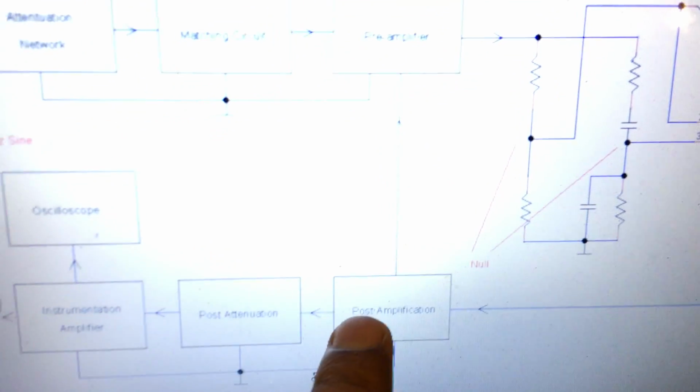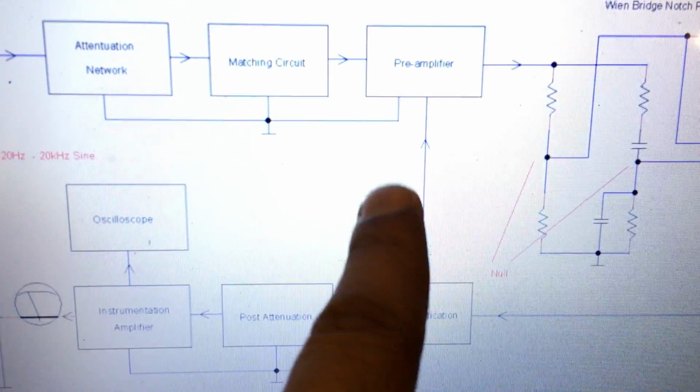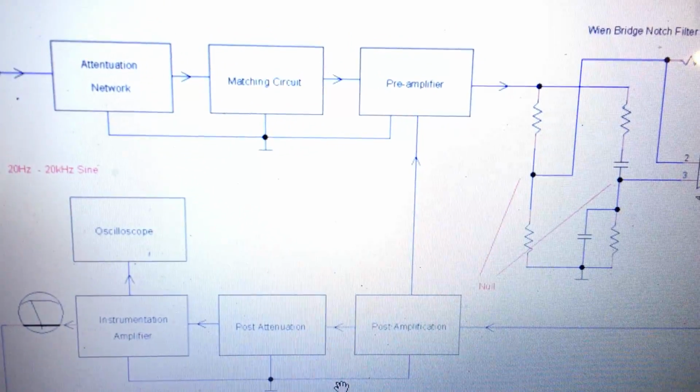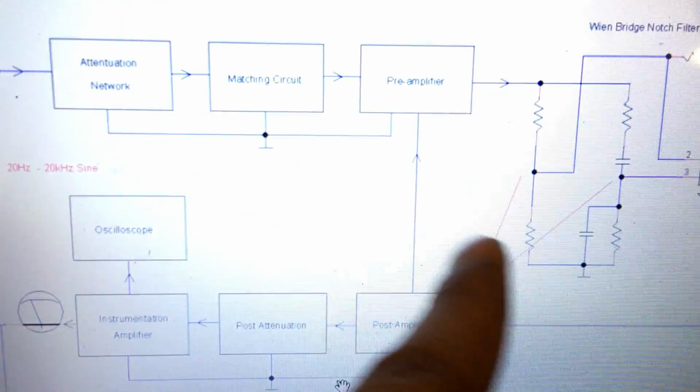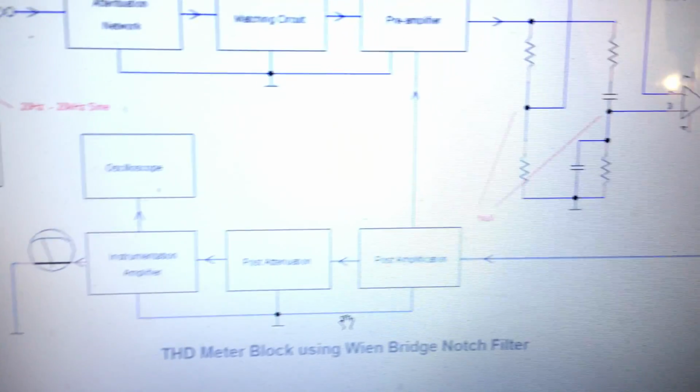In those cases, one switch will select both the frequencies simultaneously, 10 kilohertz range. If you want to go for a higher frequency range, then you can go for say 20 kilohertz and so on. So in short, the diagram is much more simplified, and one can easily understand what a total harmonic distortion meter block using a Wien bridge notch filter is.